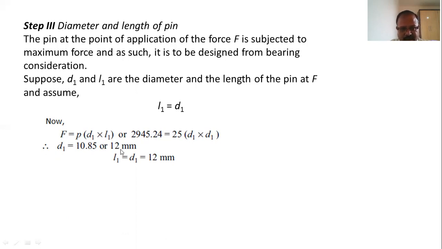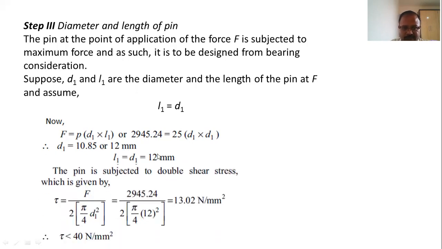So we have calculated the diameter of the fulcrum pin as 12 mm, so the length of the fulcrum pin can also be taken as 12 mm. Then we will check whether the calculated diameter of 12 mm is safe in shear or not. Checking it for double shear, tau is equal to force upon area. Using this equation, the shear stress comes out to be 13.02.